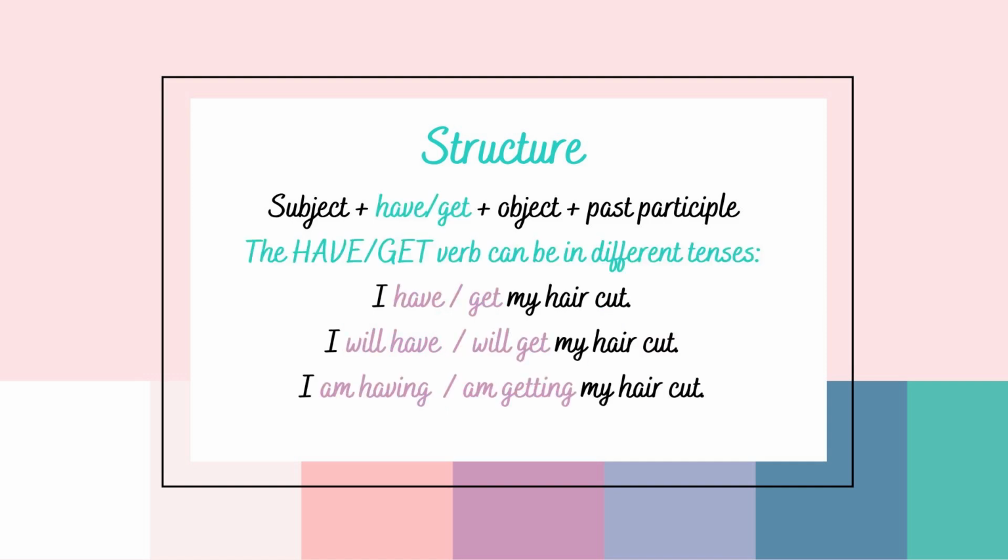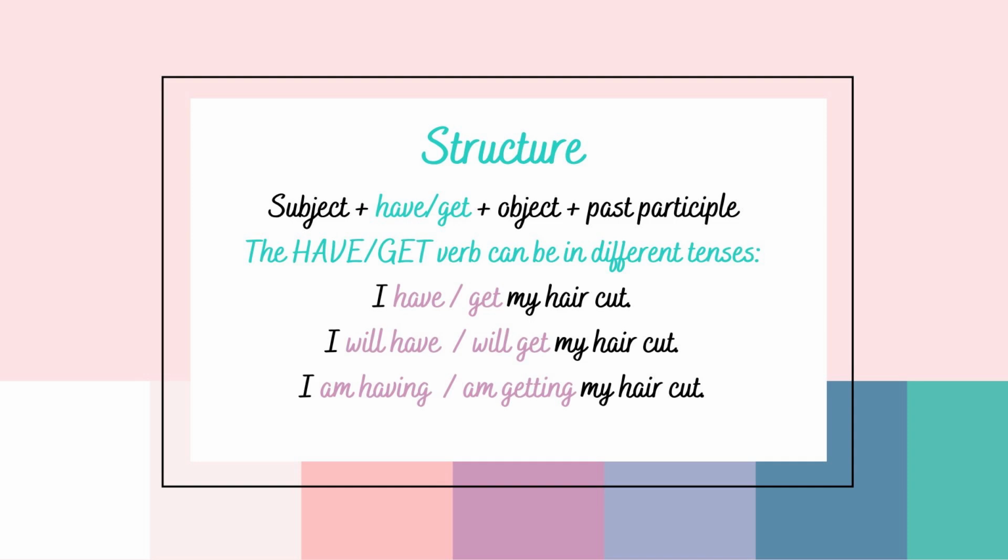Now we understand the structure, let's look at the have and get. The have and get verb can be in different tenses. In present simple, it would be I have my hair cut, or I get my hair cut. With will, it would be I will have or I will get my hair cut.